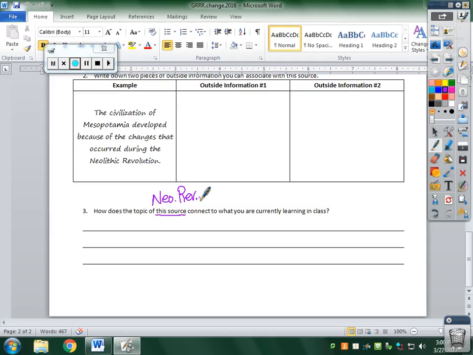And we know that the Neolithic Revolution was a big change, and that big change led to a surplus of food that then led to job specialization that then led to civilization.